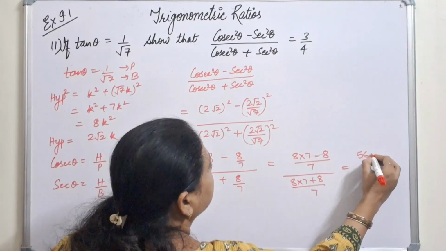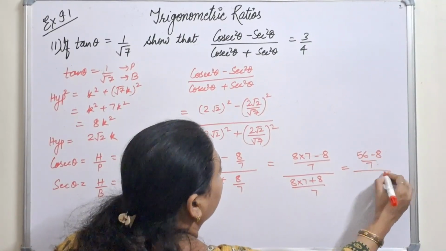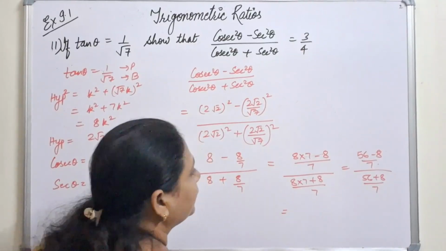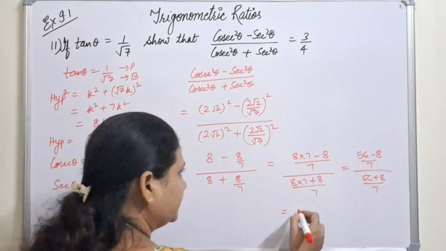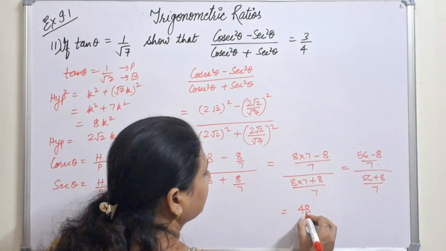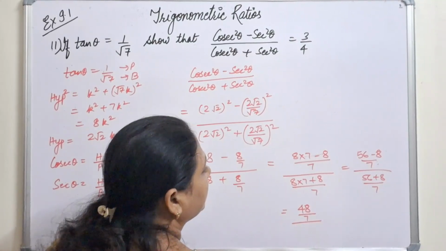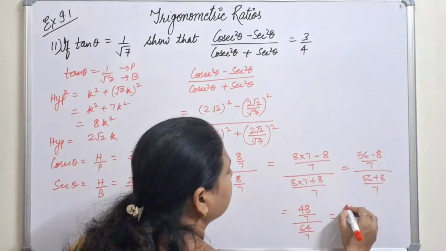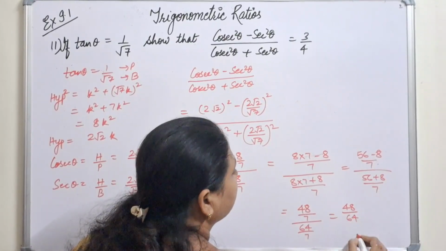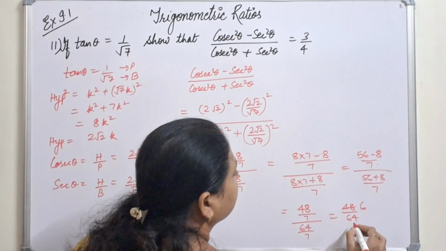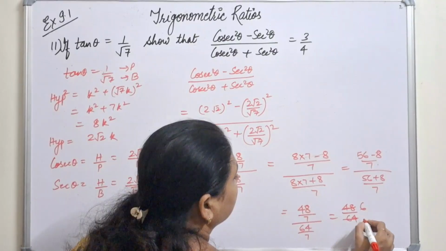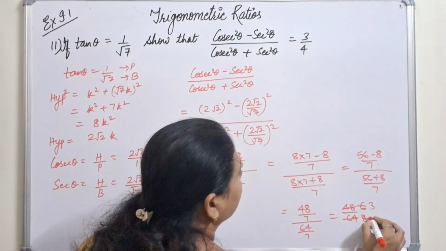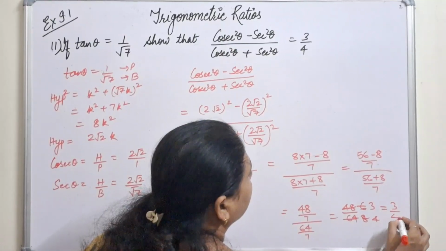So this is 56 minus 8 upon 7, and this is 56 plus 8 upon 7. So 56 minus 8 is 48 upon 7 and this is 64 upon 7. So it is 48 upon 64. 8 6 are 48, 8 8 are 64. 2 3 are 6, 2 4 are 8. It is 3 upon 4.